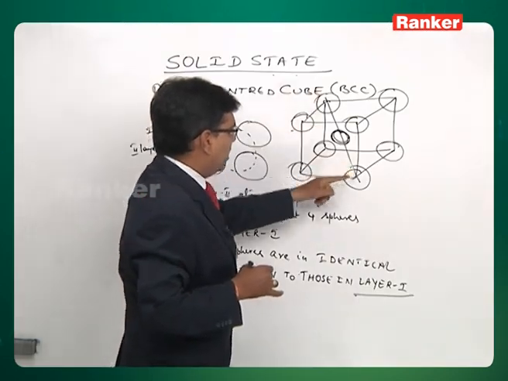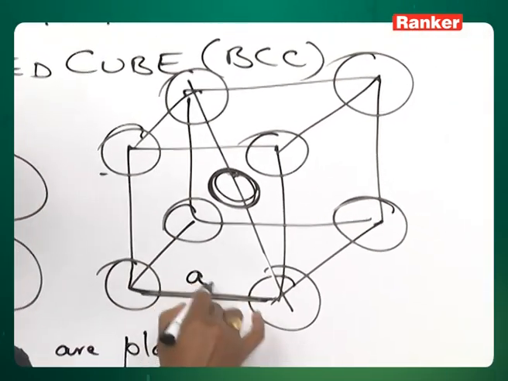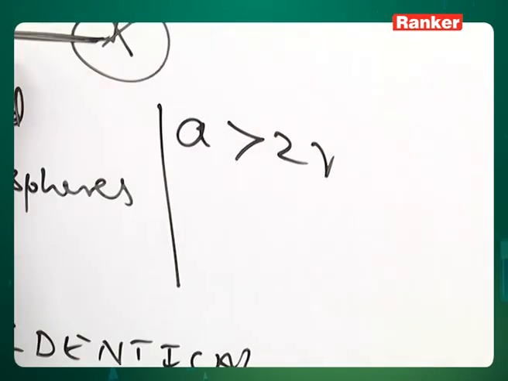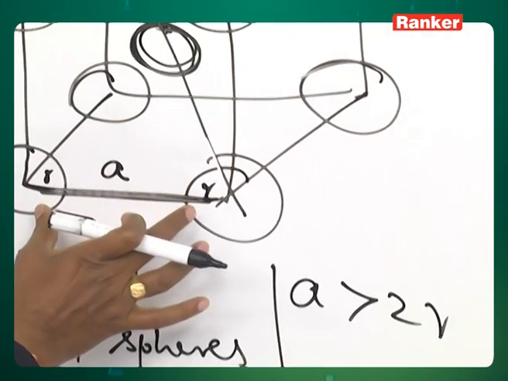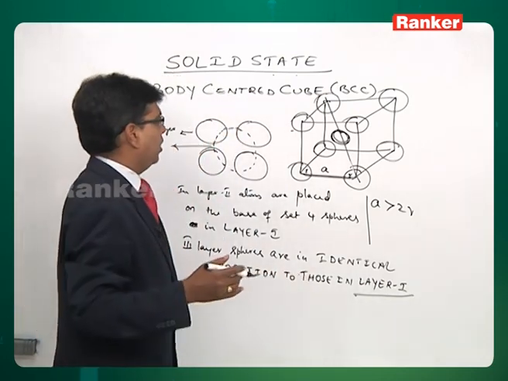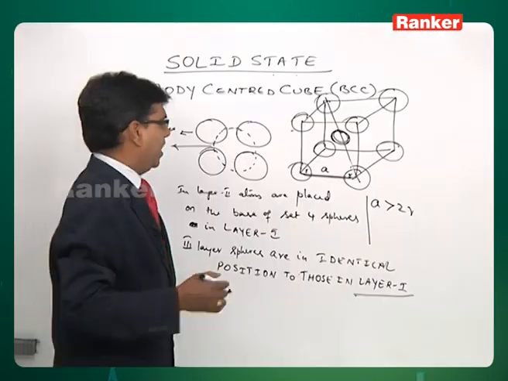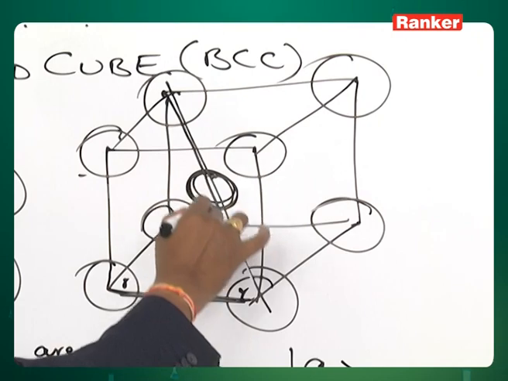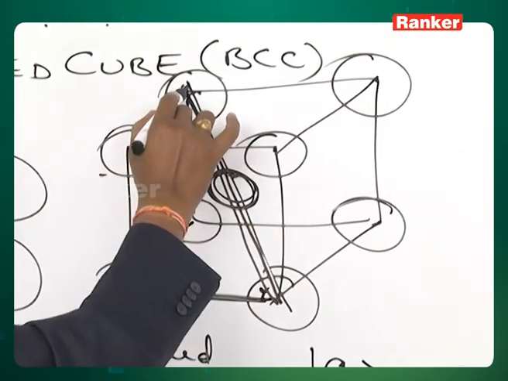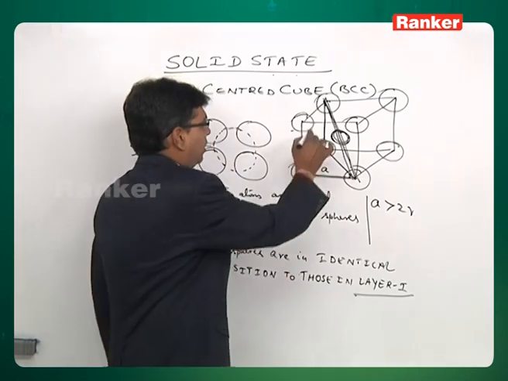So, these 3 are in contact. In this case, if this is edge length a, what you can write is that a is greater than 2r, this is again r. So, this a is greater than 2r, or straight away what you can write is that if this is your body diagonal, the square of this body diagonal is equal to the square of this plus the square of this, right?